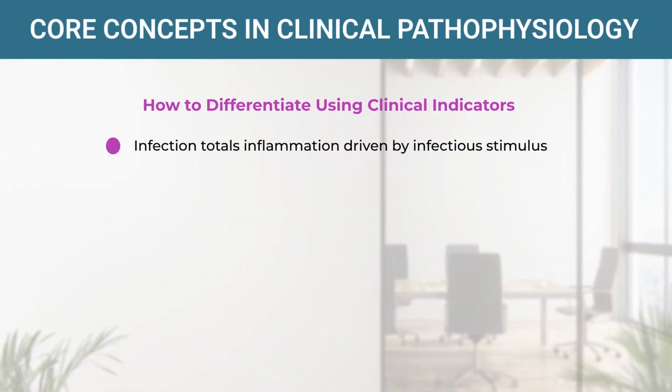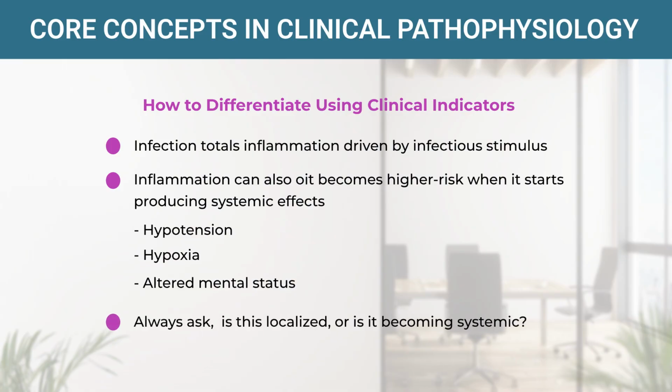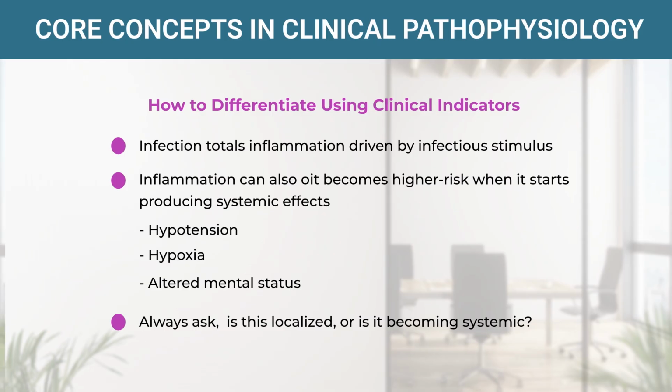Infection is inflammation driven by an infectious stimulus, and it becomes higher risk when it starts producing systemic effects such as hypotension, hypoxia, altered mental status, especially when compensation begins to fail. Don't ask only, "Is there fever?" Ask instead, "Is this localized or is it becoming systemic?" That's where risk and escalation decisions come in.